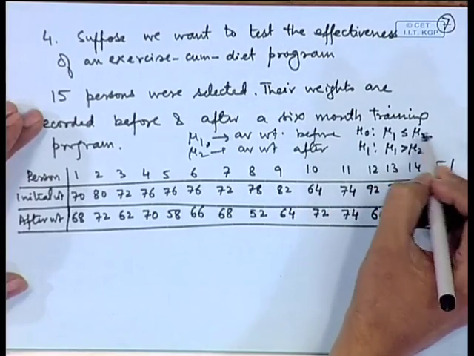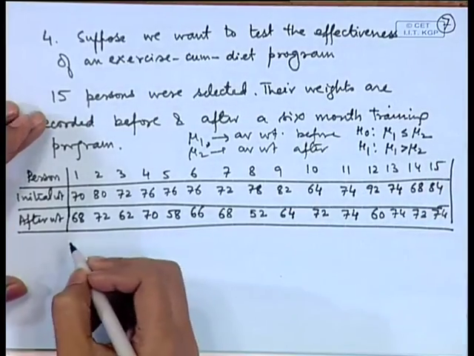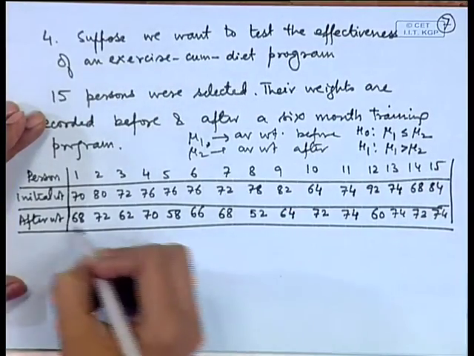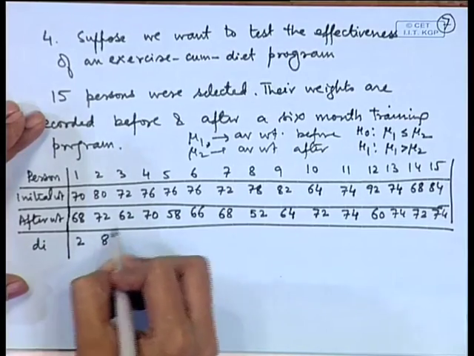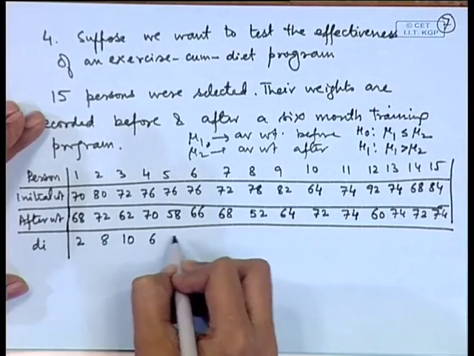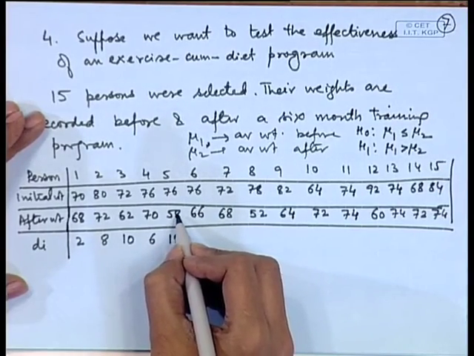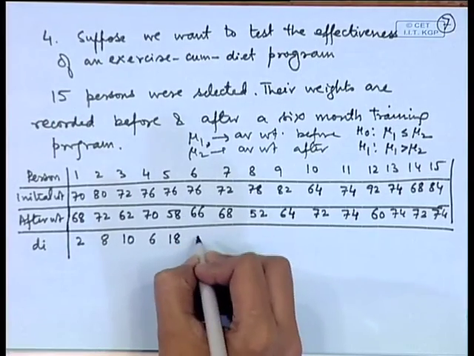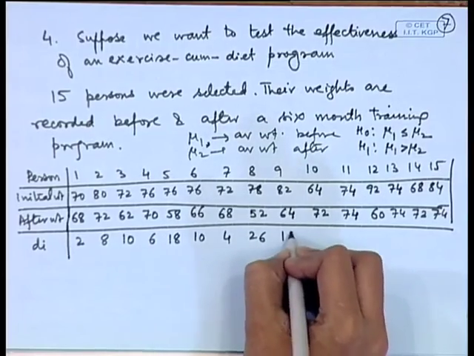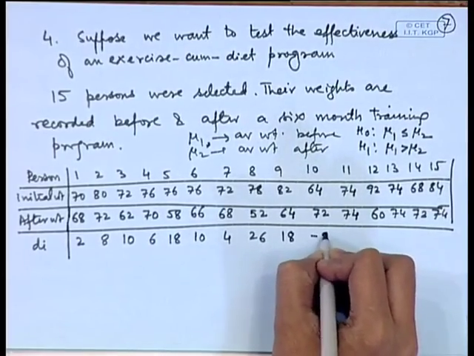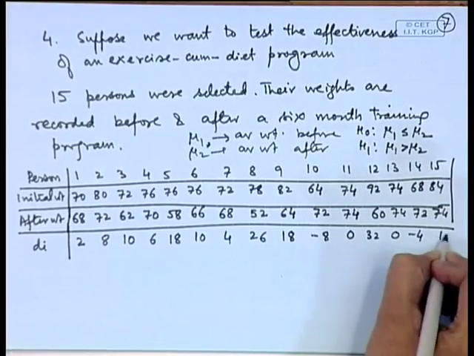So, mu 1 is less than or equal to mu 2 against mu 1 greater than mu 2. If we consider here the differences d i's: 2, 8, 10, 6, 18, 10, 4, 26, 18, minus 8, 0, 32, 0, minus 4, 10.